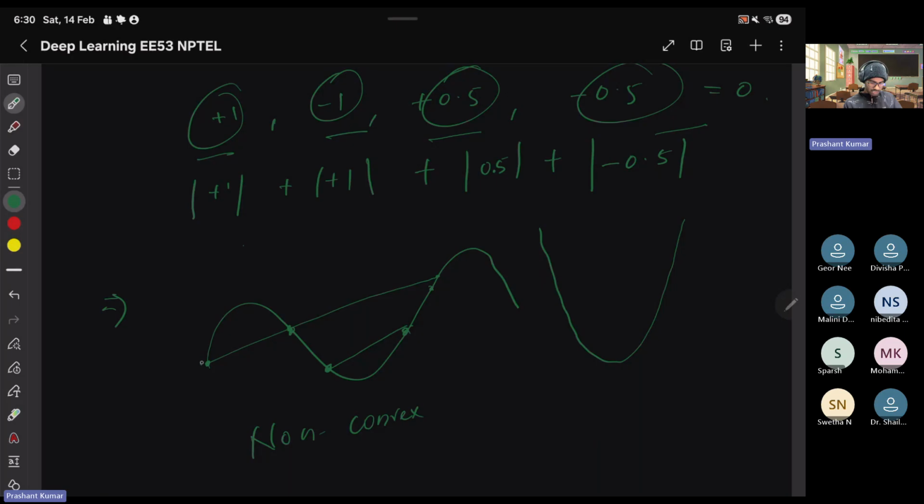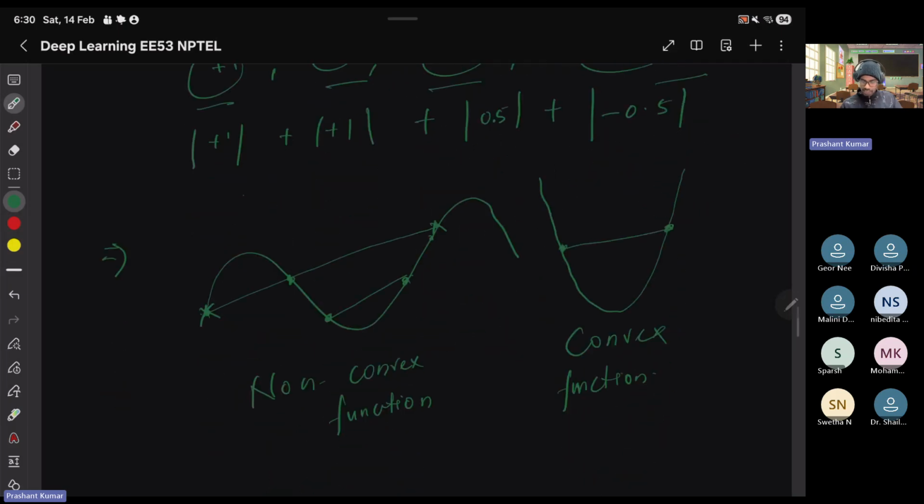But in this case it is cutting. So this is a non-convex function. If I take points here and here, this line is not cutting this function anywhere in between. So this is a convex function. So the idea of squaring is to make this function convex. It's not that it always will, but we will try every approach that creates an ideal scenario for my optimization.